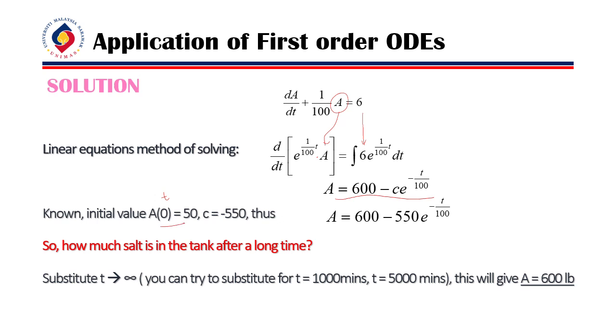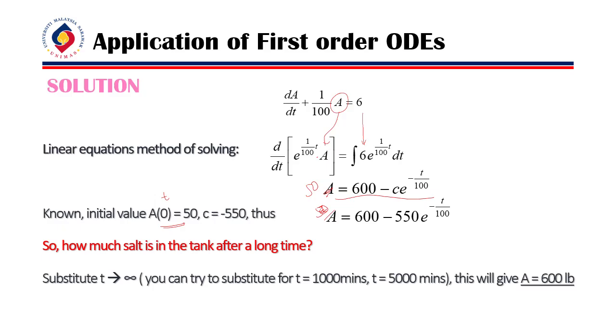So by this initial value problem, we can get the c here. We substitute a is equal to 50. Okay, a here is 50, and then 600 minus c e to the 0, which is 1.